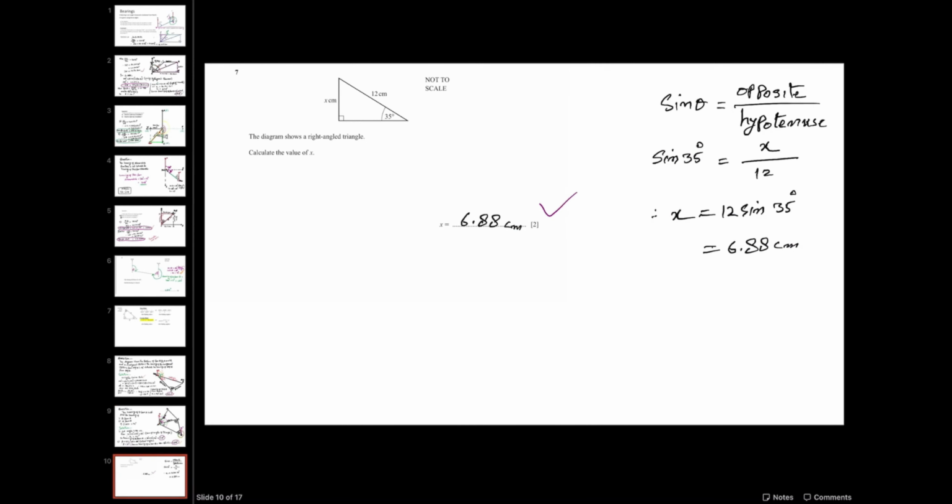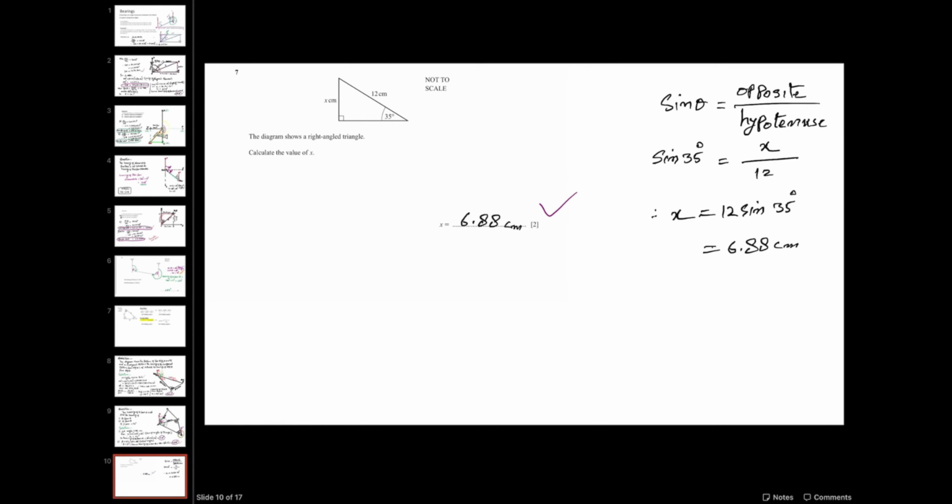In this question, the diagram shows a right angled triangle. We are going to find the value of x, which is the side of right angled triangle. We already know sine theta is equal to opposite upon hypotenuse.